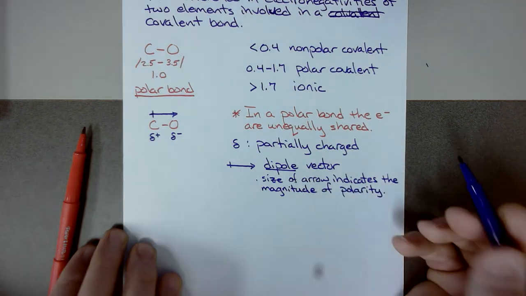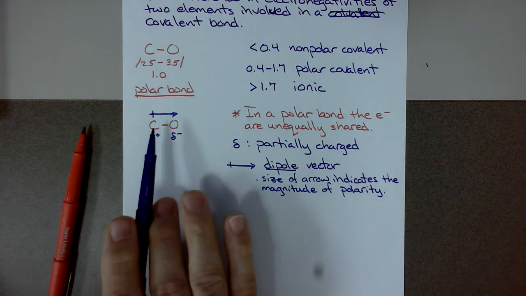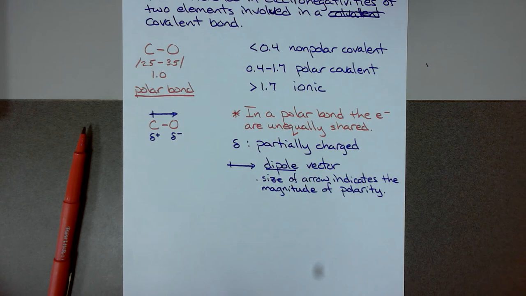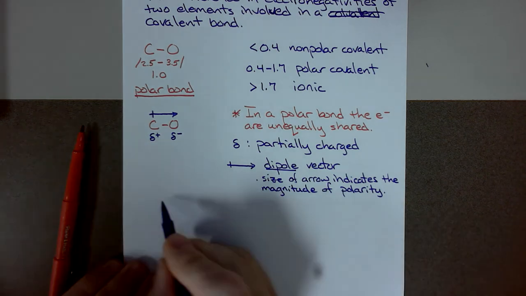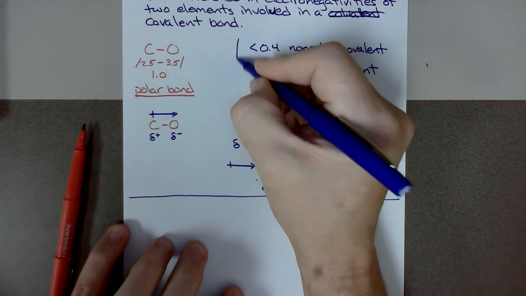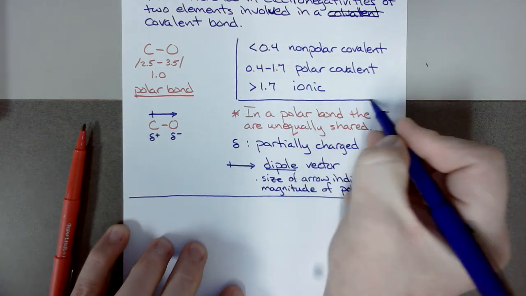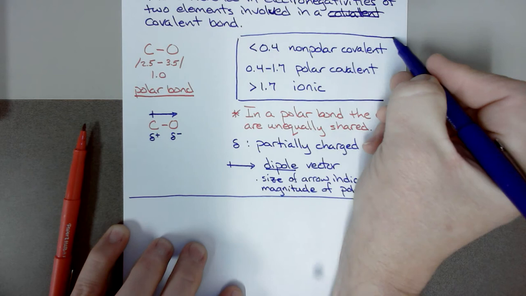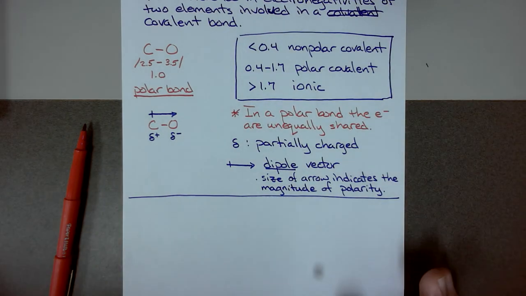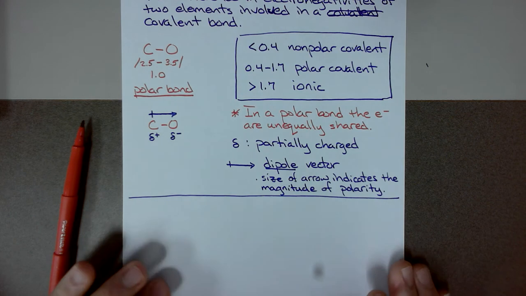So if there's a greater difference or higher polarity of the bond, then the arrow will be longer. So let's practice some of these. I'm going to put this in a box up here so we know that this is a chart for us to look at whenever we need to know when something is polar covalent, nonpolar covalent, and ionic.